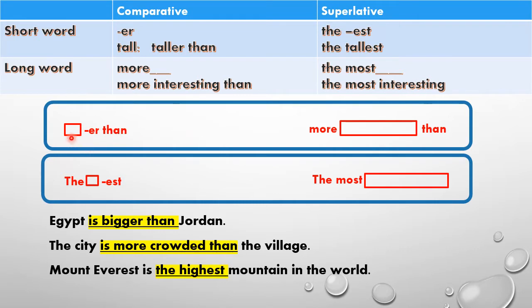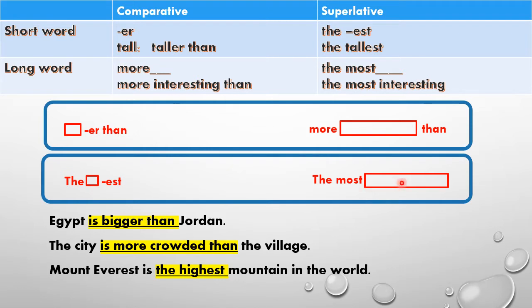And here, in this table, you can see that a short word takes ER than, and with long words, we say more than. Now, this is the comparative. Superlative here, I use EST with a short word. This box means short word.